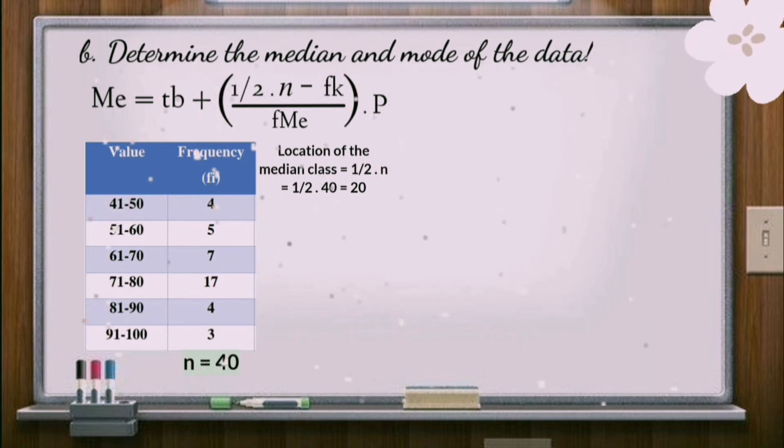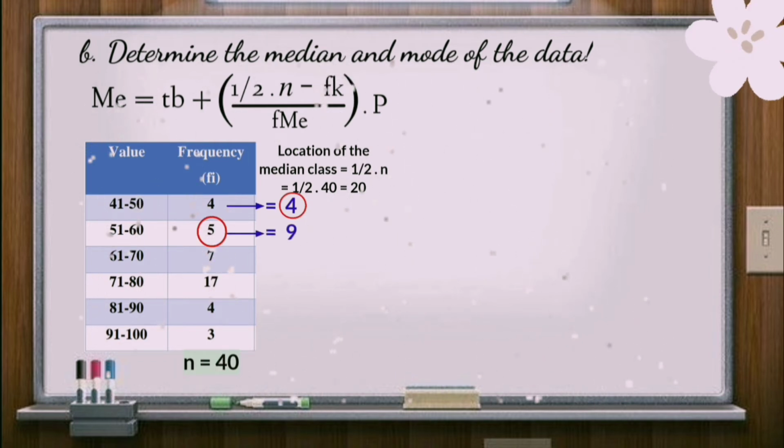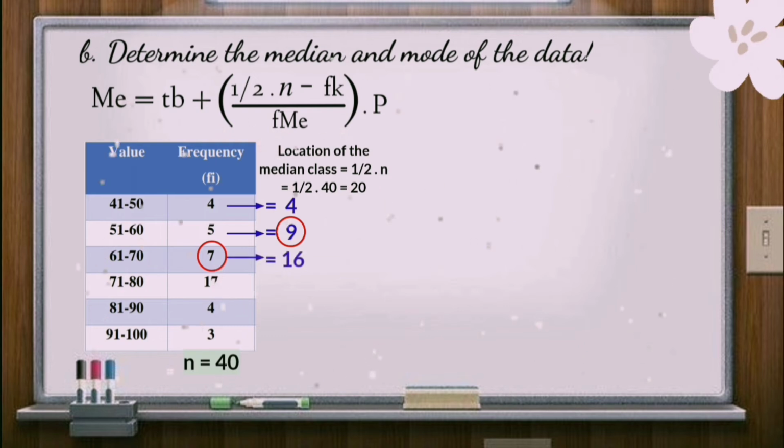The first frequency is 4. It means the first data to fourth data are in the first class. 4 plus 5 equals 9. It means the fifth data to ninth data are in the second class. 9 plus 7 equals 16.